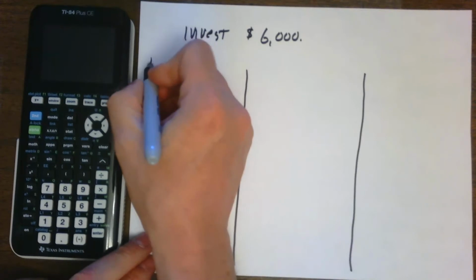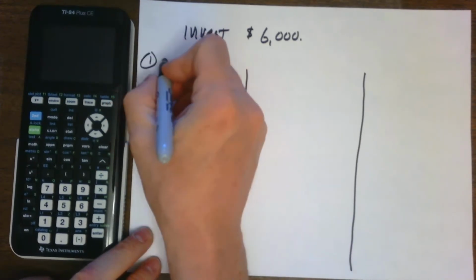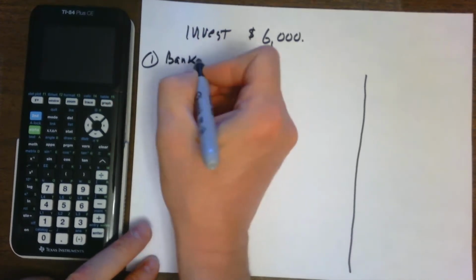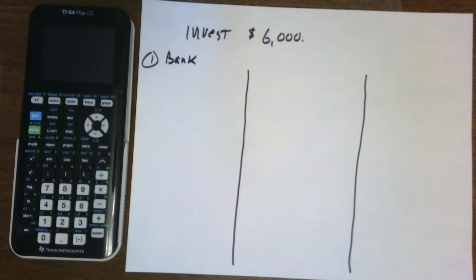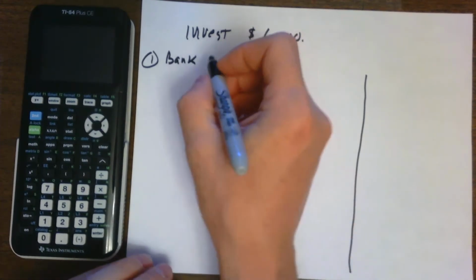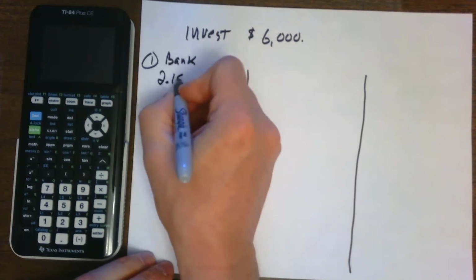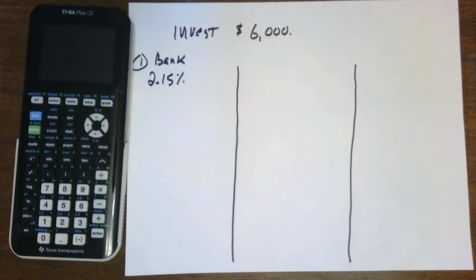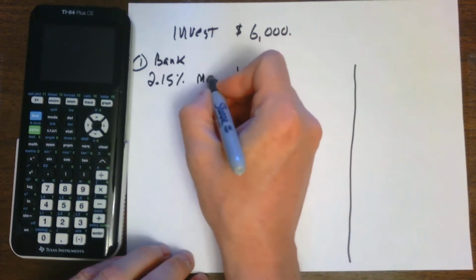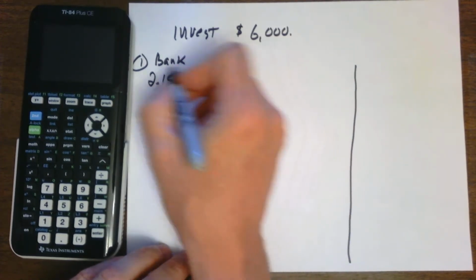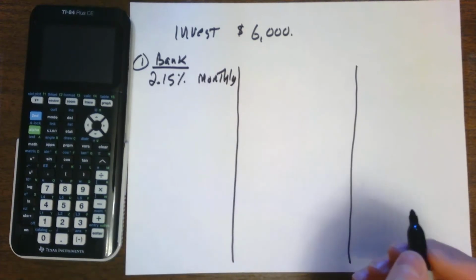So the first place is a bank. And the bank tells me that they're going to give me a pretty good 2.15% interest compounded monthly. All right, okay.